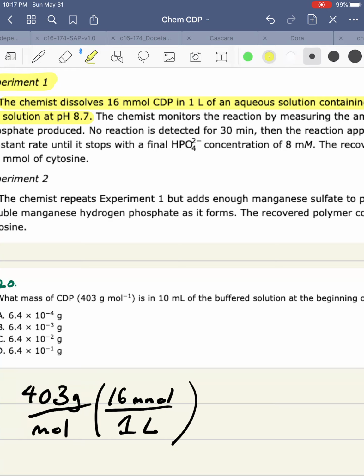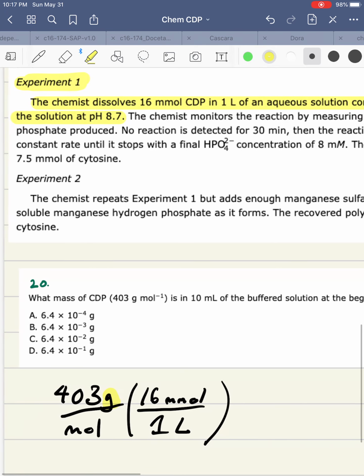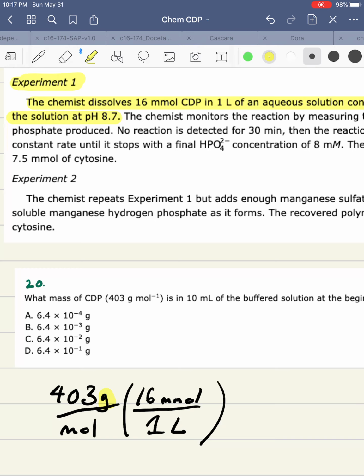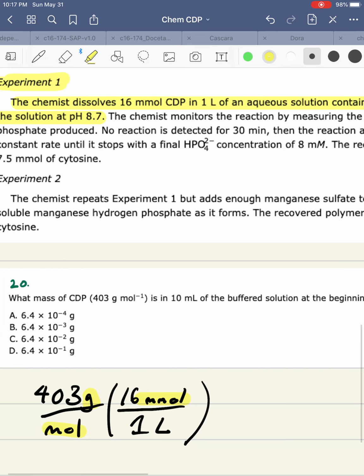If you notice carefully at the units, our final answer should be in grams because our answer choices are in grams. So grams have to be in the numerator. So how do we get rid of all the other units? We want the moles eventually to cancel out. I know it says mole and millimole. We're going to work through that in a second.